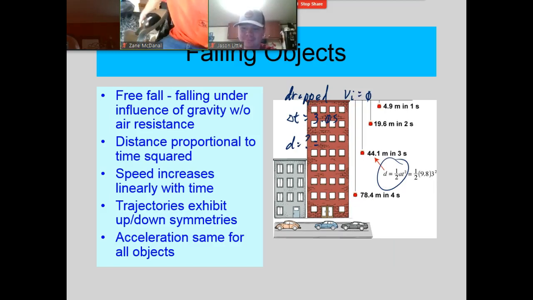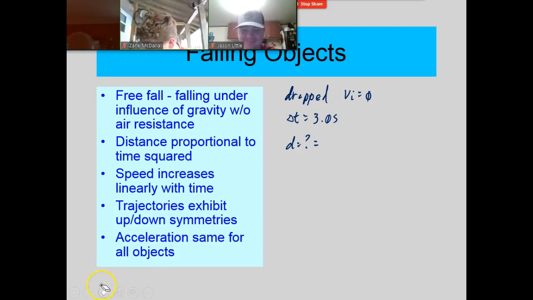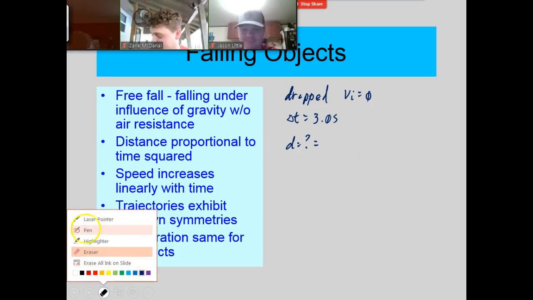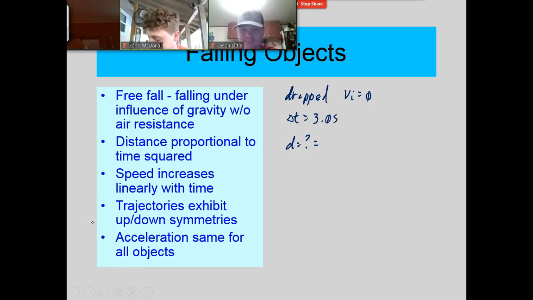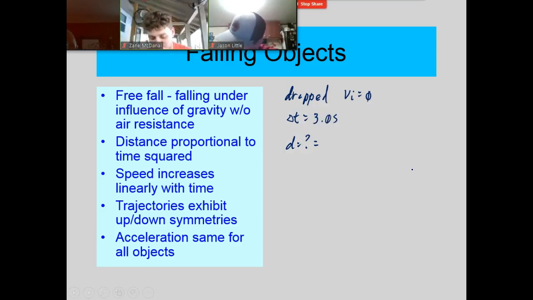I don't know what that, oh, there it is. Okay. Let me erase this then. Okay. So our formula, that's what I had it back there for, 1/2 AT squared, where A is 9.8 meters per second squared, the acceleration due to gravity.